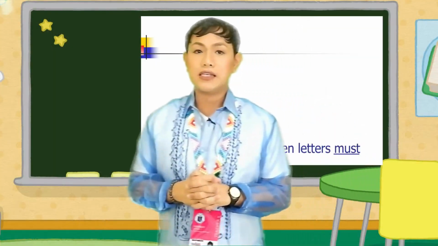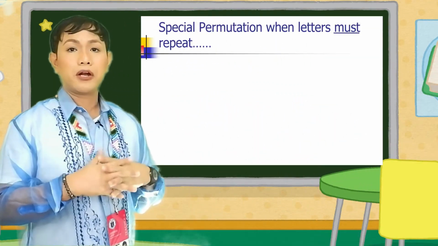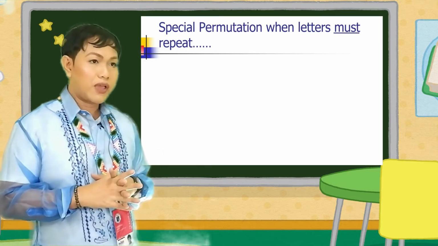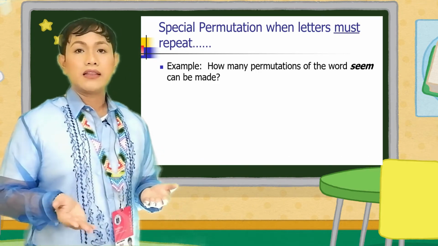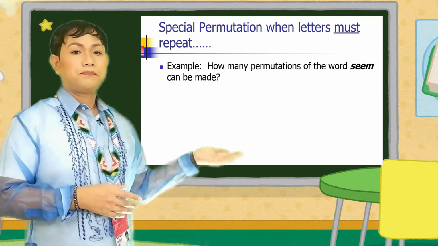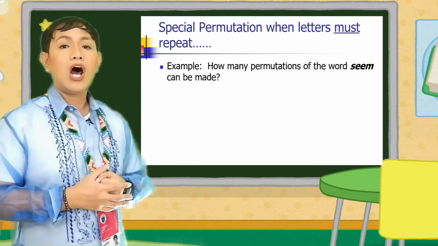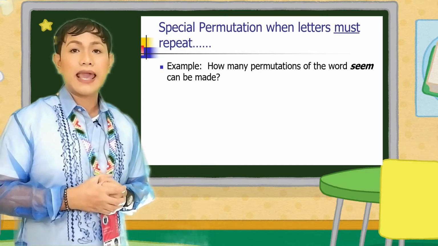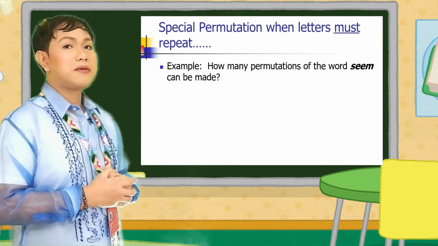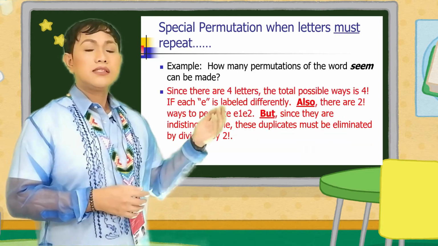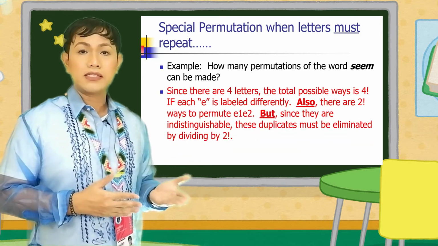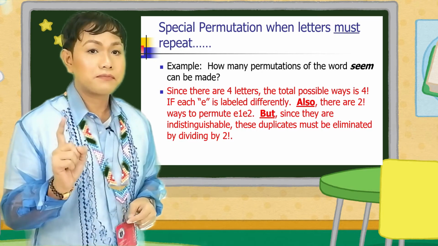So this leads us to a special permutation when letters must repeat. If we have an example that involves letters, like this. How many permutations of the word SEEM, spelled S-E-E-M, can be made? Since there are 4 letters, the total possible ways is 4 factorial, right?